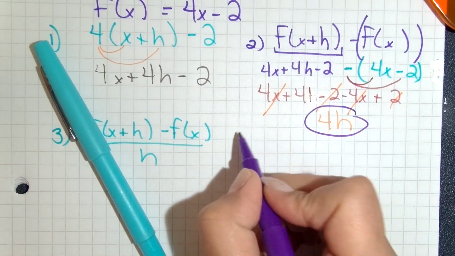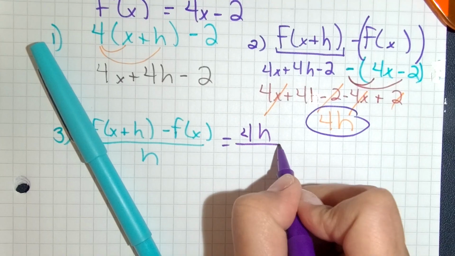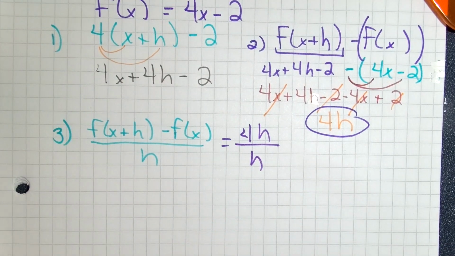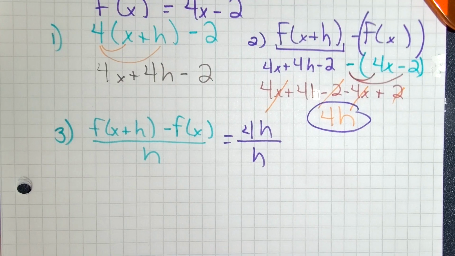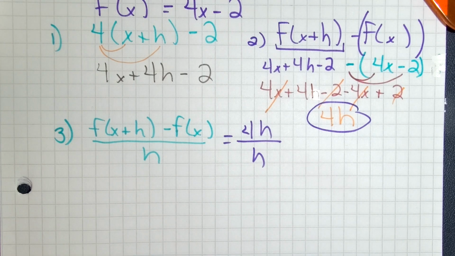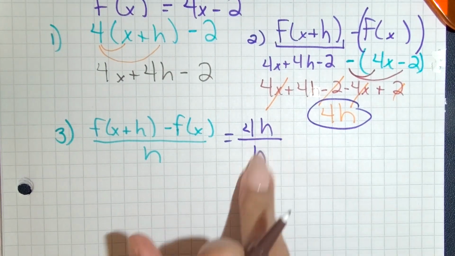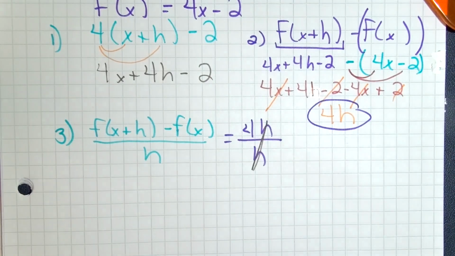So here, we're just going to replace it with 4h over h. Do I need to do any factoring or combining like terms? No, there's nothing to factor. So then what should I do? What does it tell me to do after I've done that? Cancel out the h. So I only have one h here, so I'll cancel it out.